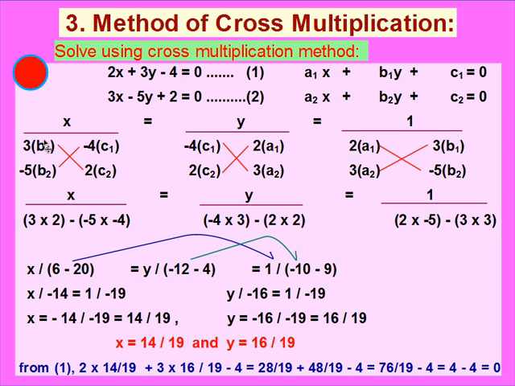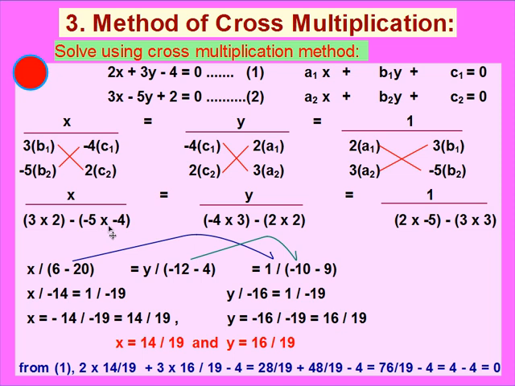So now we do cross. So 3 into 2 minus 4 into minus 5 into minus 4. So you put a minus sign and multiply them in cross. Here minus 4 into 3 in one bracket, minus 2 into 2 in the other bracket. Here for 1 upon, 2 into minus 5 in one bracket, minus 3 into 3 in another bracket. It's so easy.